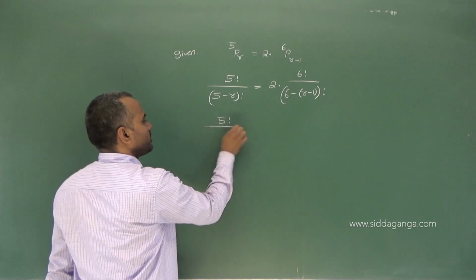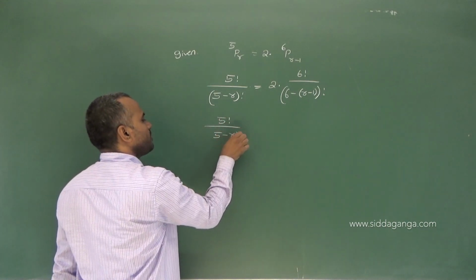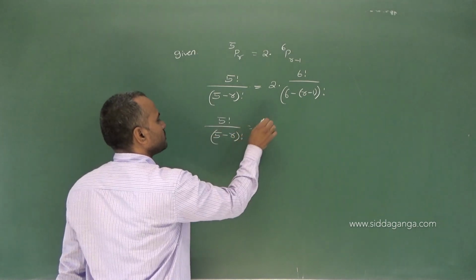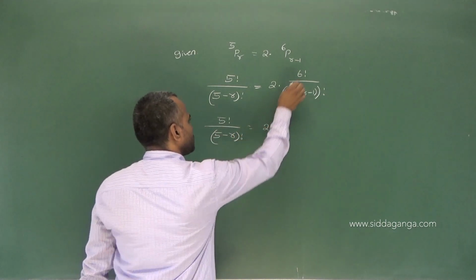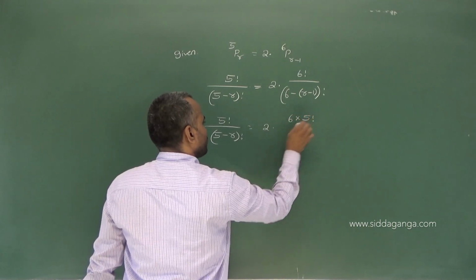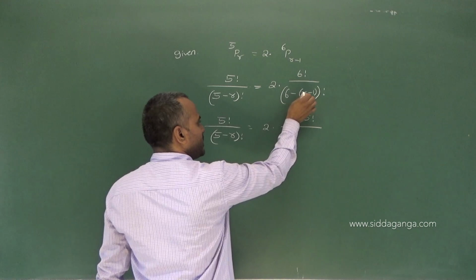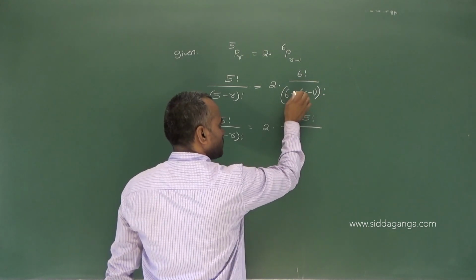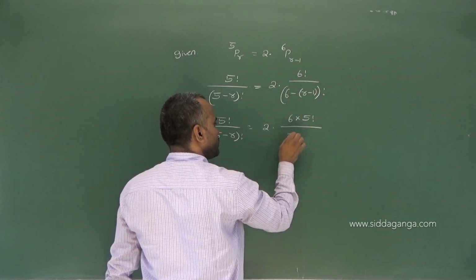5 factorial divided by (5-r) factorial equals 2 into 6 factorial, like 6 into 5 factorial, divided by (7-r) factorial, since minus r, minus into minus plus 1 plus 6, 7.